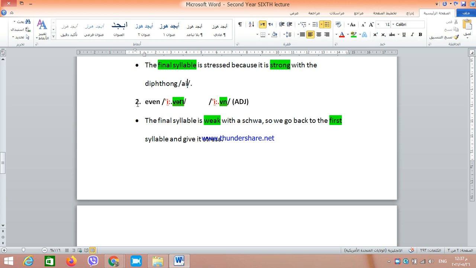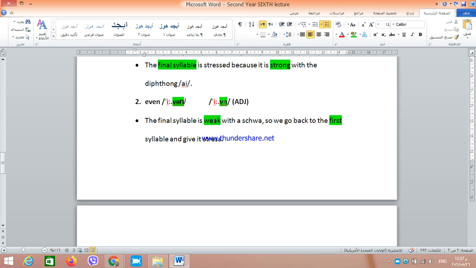Now, what about the second adjective, the second example? Even. This word can either be transcribed like this, or sometimes like this with a syllabic consonant n. In both cases, the second syllable is weak, because here we have the schwa, which is very weak, and here we have a syllabic consonant, which is also very weak. So we apply the rule, we go to the final syllable and check it.